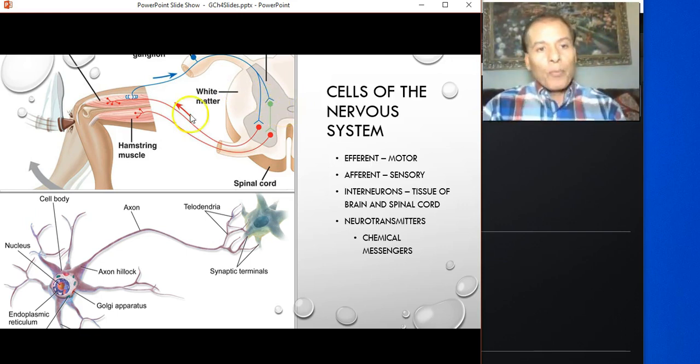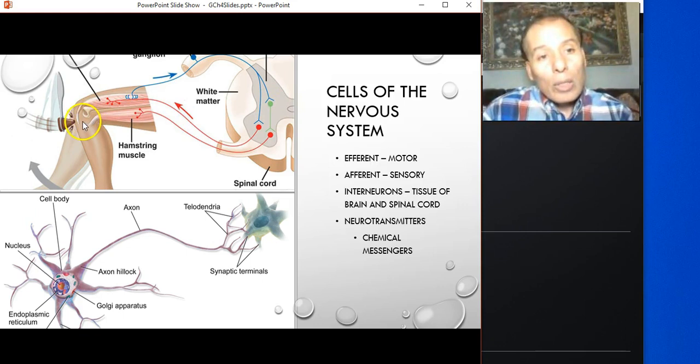And so you have now the nerve or neuron connecting on the muscle in the femur, and that muscle is the one that activates your knee. I mean your leg.